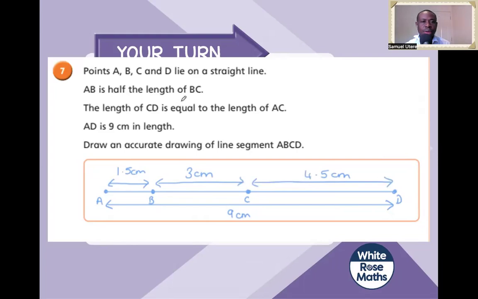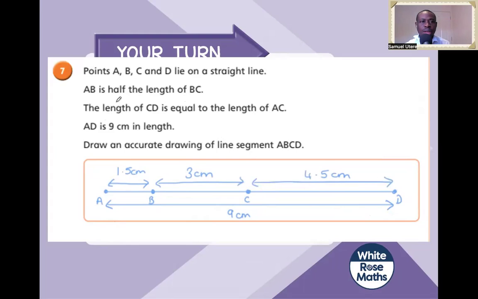But what do we know about BC? The length of CD is equal to the length of AC. So it means this is halfway, right? If AC is equal to CD, it means that should be half the line AD.